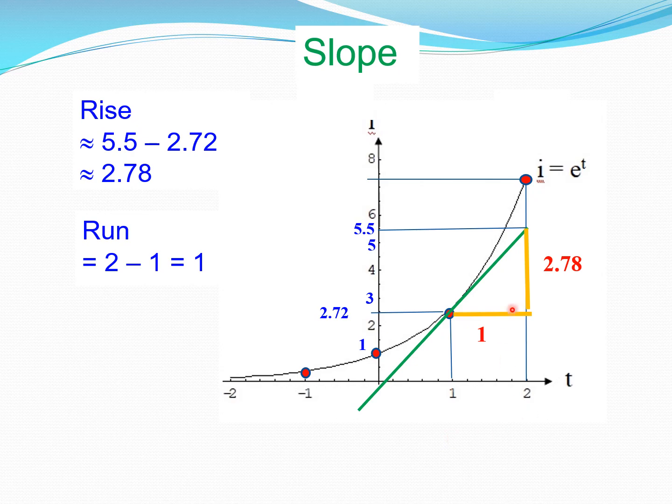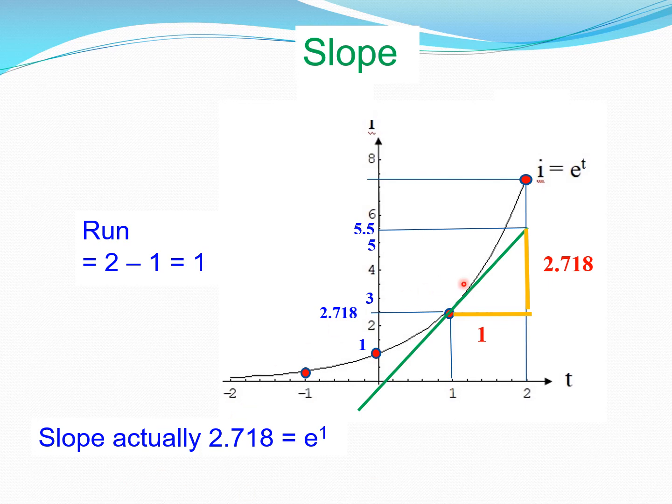Looking visually at the graph, the height looks roughly like the difference between 5.5 and 2.72, which is 2.78. So the slope of that green line is roughly 2.78 divided by 1, so we're estimating the slope to be 2.78.